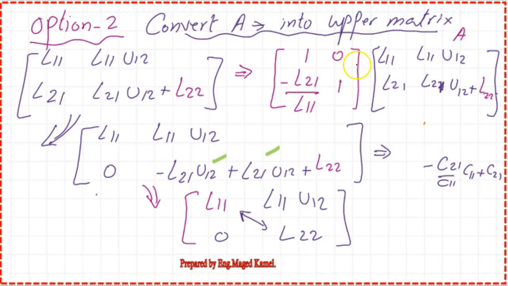For the second option, we want to convert A into an upper matrix. So this is the matrix A, L sub 11, L sub 11 U12, L21, L21 U12 plus L22. We need this term to be 0. So we are going to multiply matrix A by an elementary matrix, but this elementary matrix will be on the left side. The elements of that elementary matrix are 1, 0, minus L21 over L11, and 1.